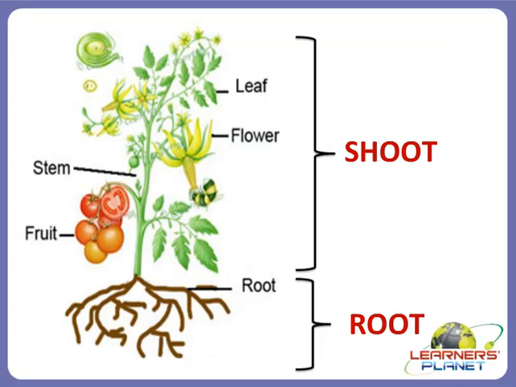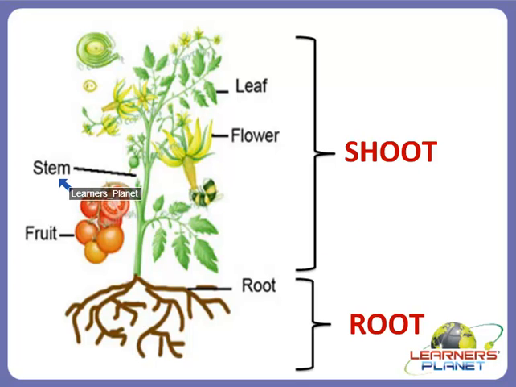So children, here we can see root is the first main part of the plant that consists of only roots. But shoot is the second main part of the plant that consists of many parts.